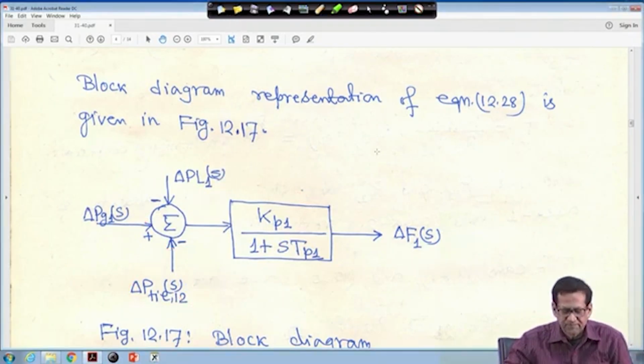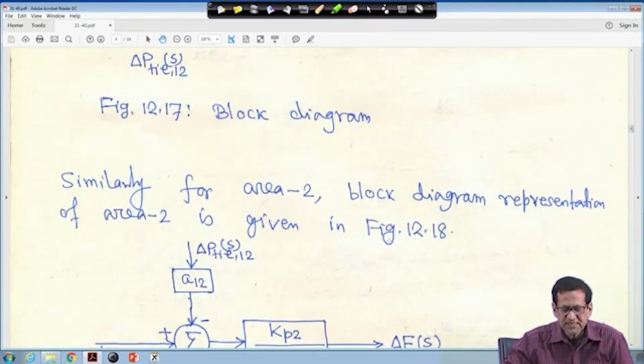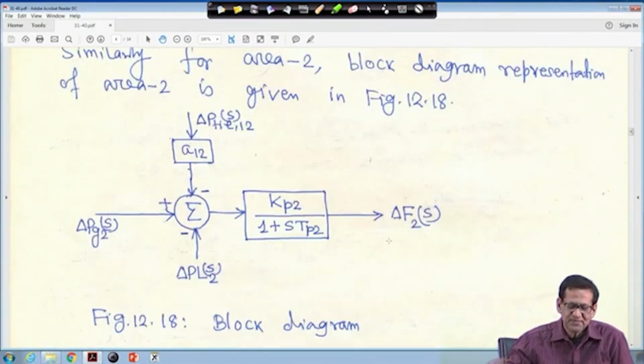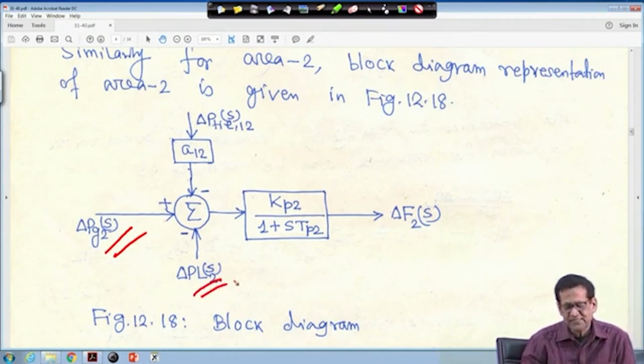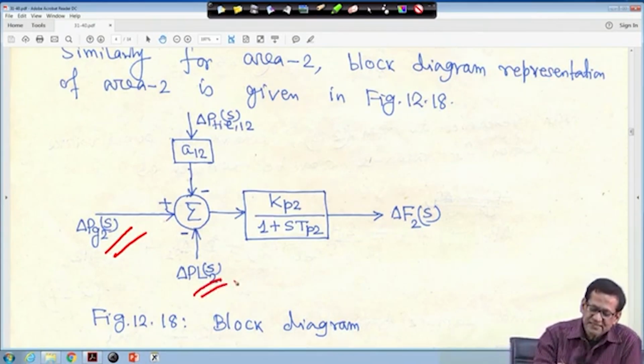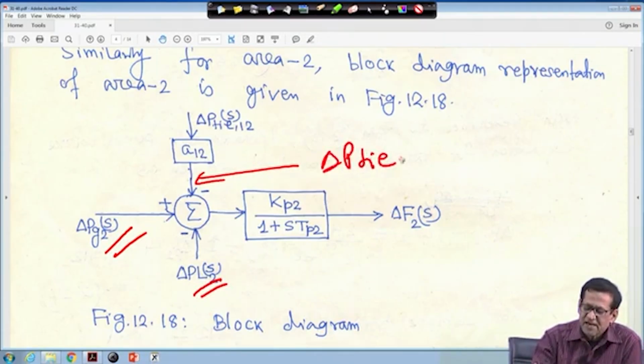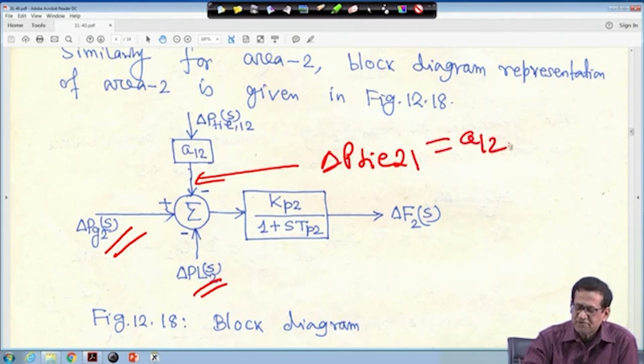Similarly, for area 2 you can make it. This is delta Pg2, this is minus delta PL2(s), and this is actually your delta P tie 2-1, that is actually nothing but A12 delta P tie 1-2.